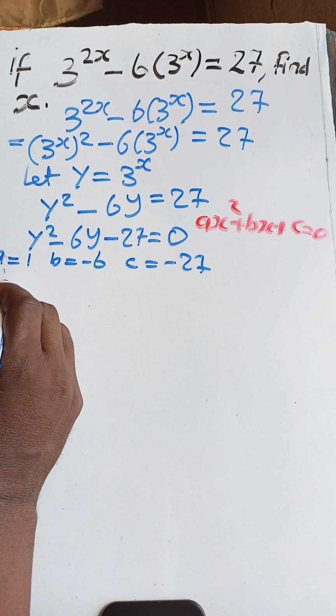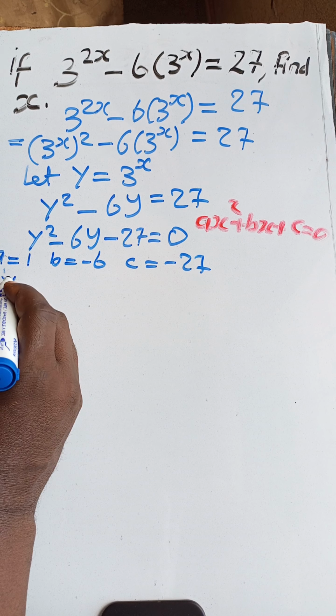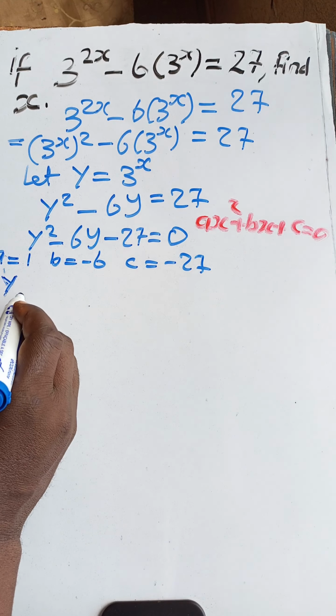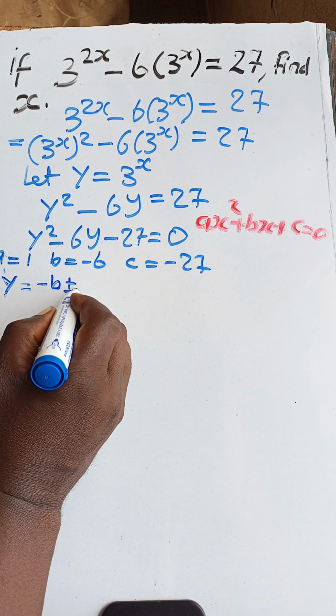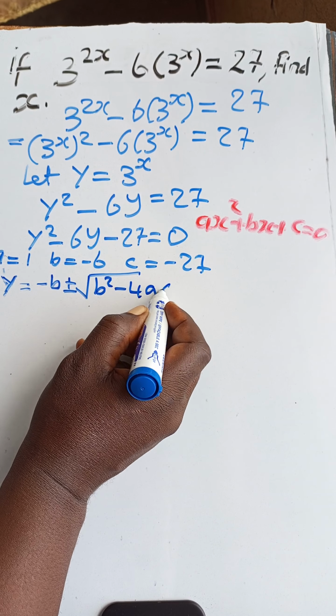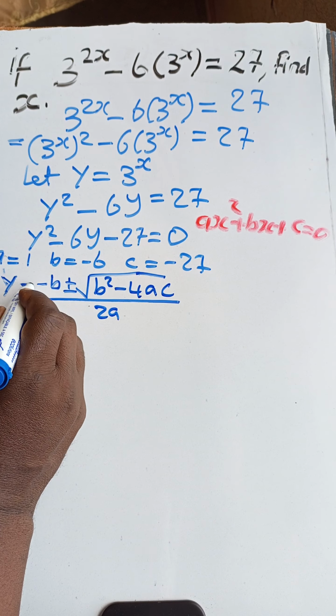Since our variable is y, pay attention, don't go and use x. Here, our variable is y, so y is equal to negative b plus or minus the square root of b squared minus 4ac, all of that divided by 2a.